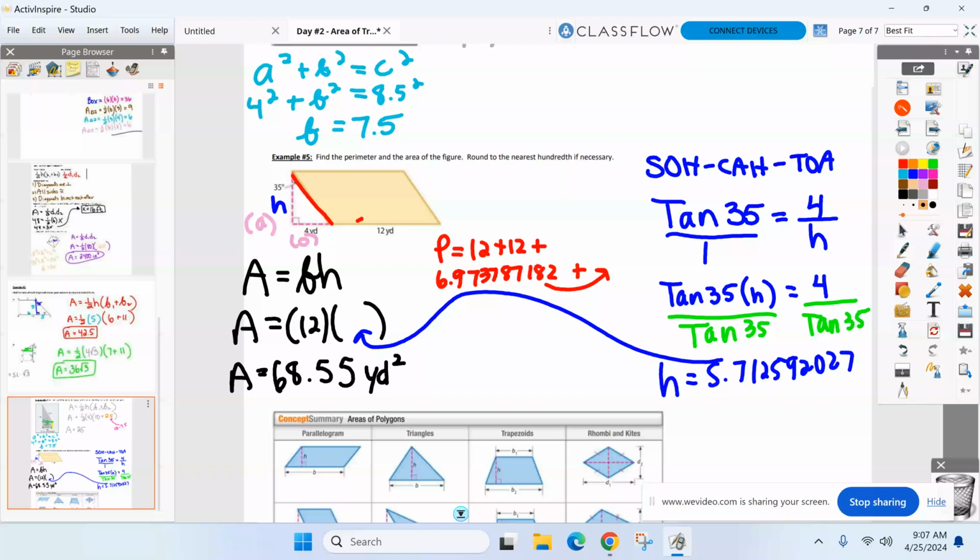Add up all 4 sides of your parallelogram. I'm getting 37.95 yards. Oh, I just gave that away, but should I square the yards? Nope, only area. This is perimeter, so it's just plain yards.